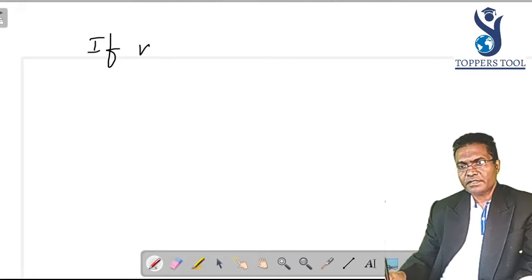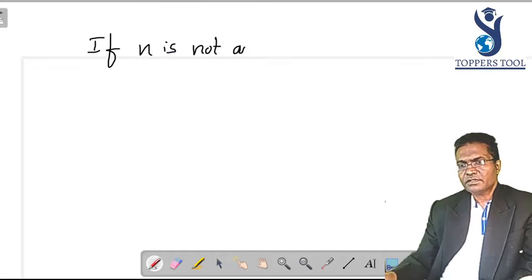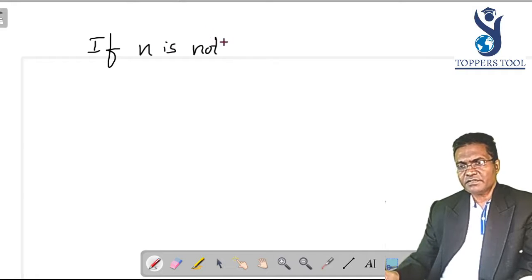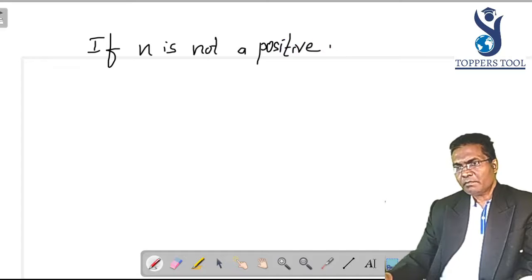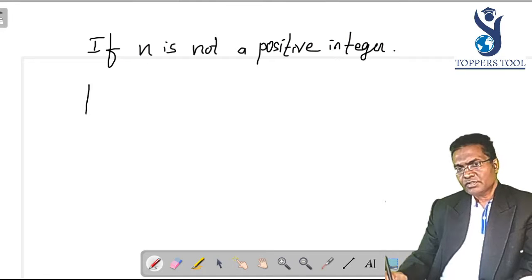If n is not a positive integer, or rather, n is any constant, we know that you study this in beta gamma function.